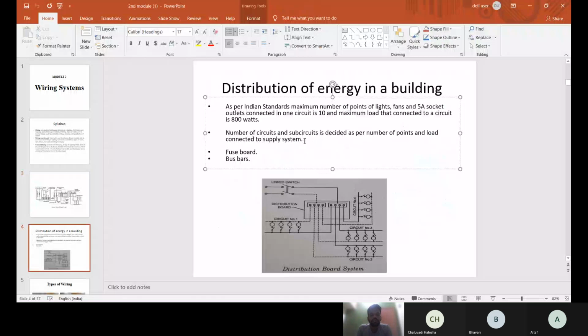So this distribution system is most commonly adopted for distribution of electrical energy in a building. In the actual typical diagram I have given below, the fuses of various circuits are grouped together in a distribution board.